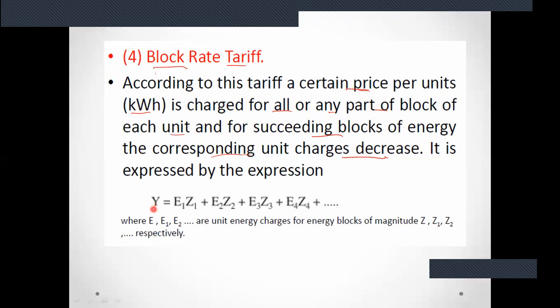It is expressed as Y is equal to E1 Z1 plus E2 Z2 plus E3 Z3 plus E4 Z4, and so on. So the individual price per unit is there, and the price for each block of units is added correspondingly. Here E1, E2 are the unit energy charges for energy blocks of magnitude Z1, Z2, etc.